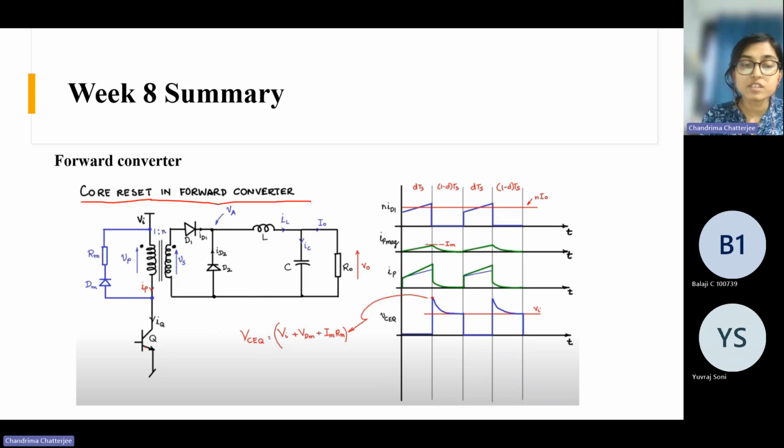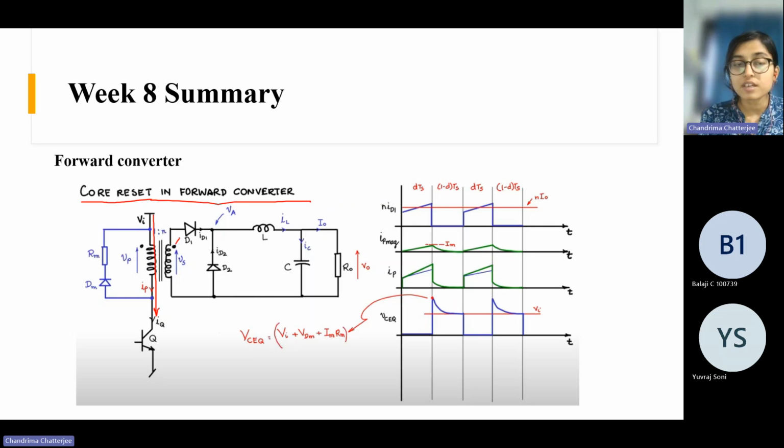So when this switch is on and current flows from the supply, there is both magnetizing current and load reflected current because we are providing current to the load.